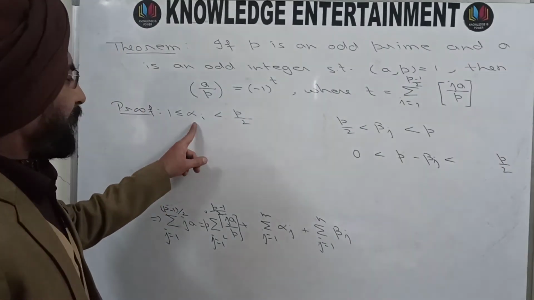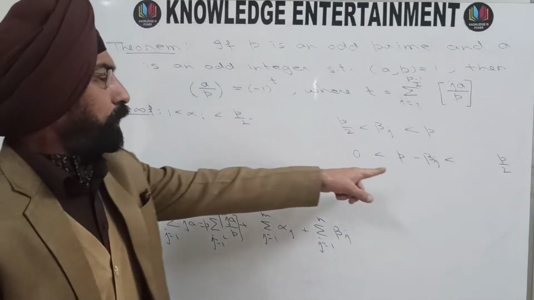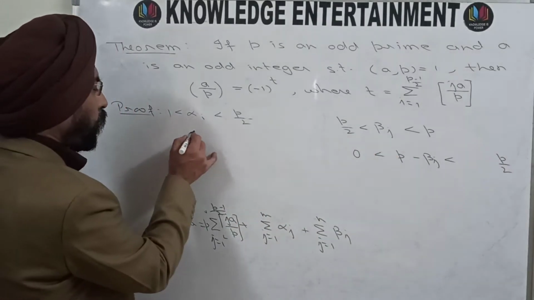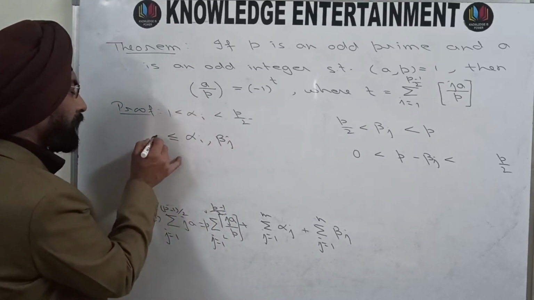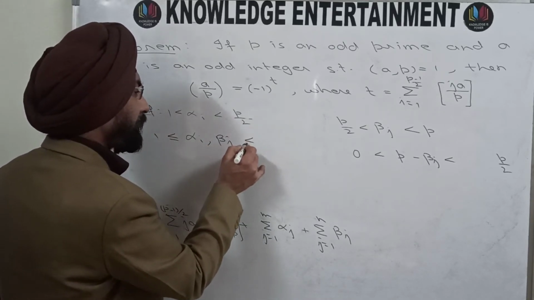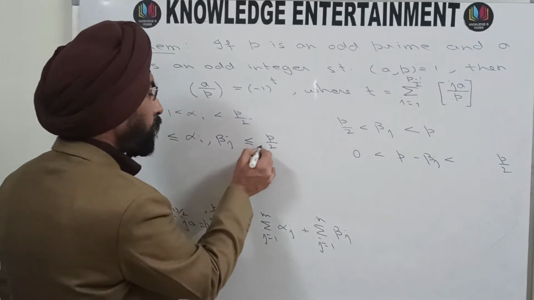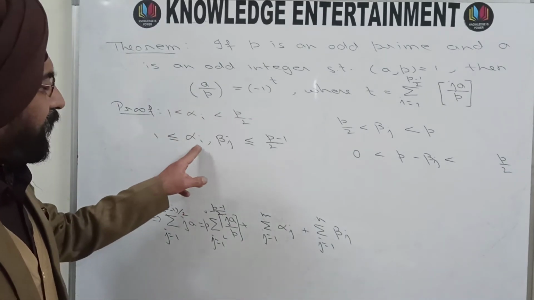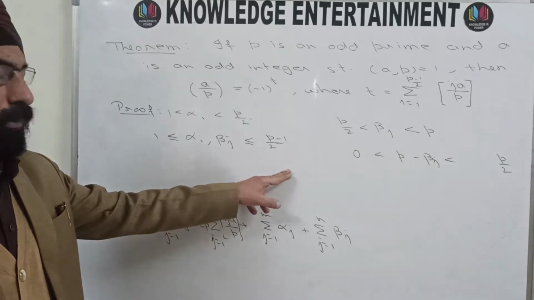Now your alpha i's are from 1 to p by 2 and your p minus beta j's are also from 1 to p by 2. So that means all your alpha i's and all your beta j's are greater than or equal to 1 but less than p by 2. That means at the most it will be equal to (p minus 1) by 2. All the alpha i's and all the beta j's are between 1 and (p minus 1) by 2.